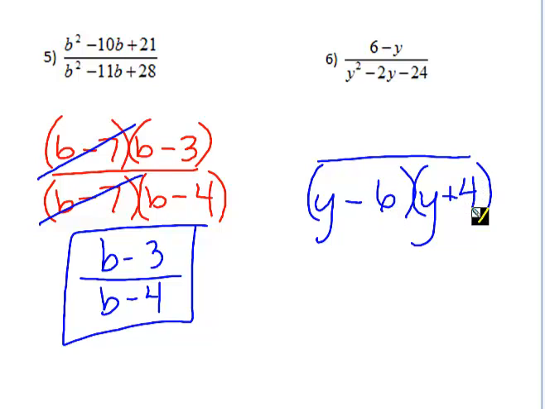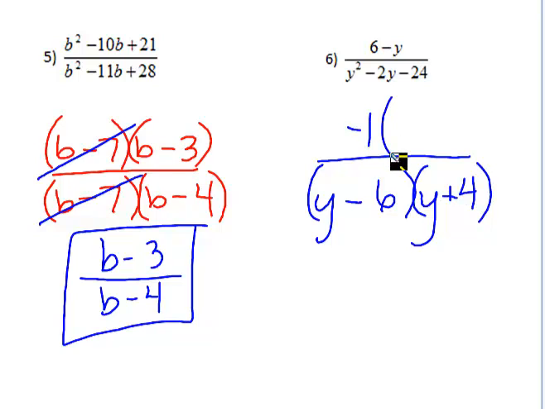Now I want us to have some foresight. What's the numerator right now? 6 minus y. Does that look kind of close to this? How can I make it look exactly like this? What do I have to take out of 6 minus y to make it y minus 6? I have to take out a negative 1, yeah.